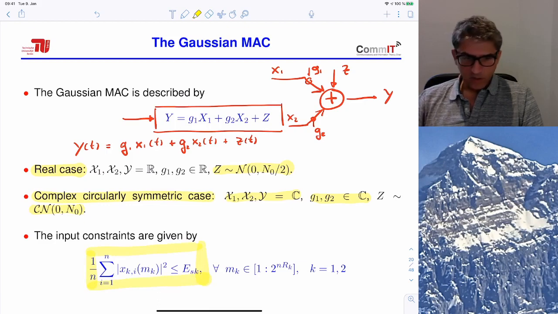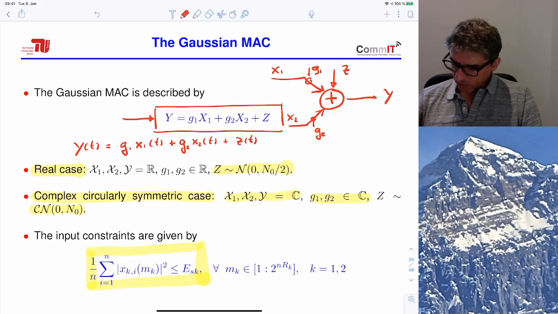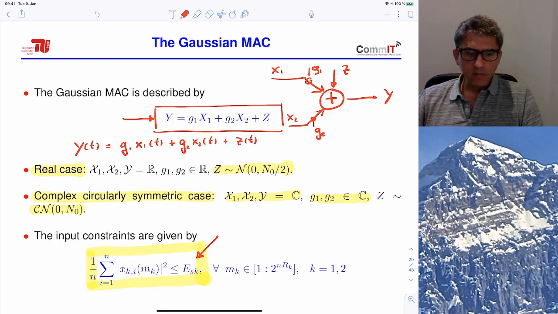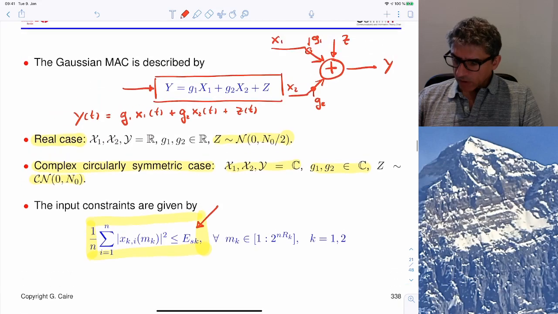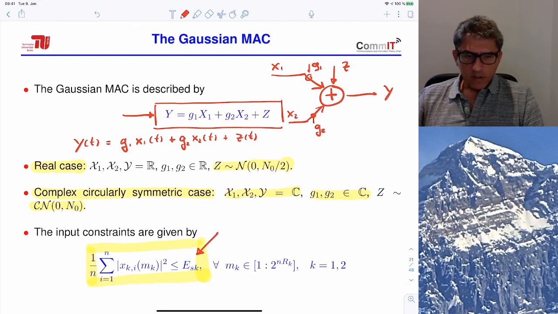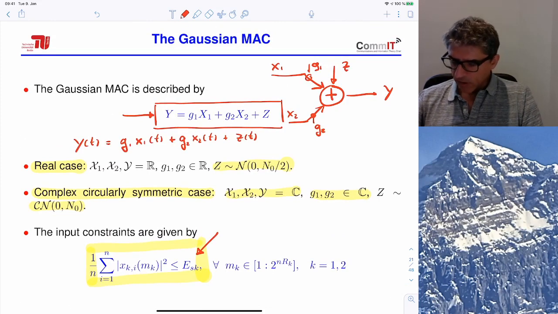In particular, we consider the classical quadratic constraint, for which we denote by E_S,K the average energy per symbol of user K. And of course, it makes sense to consider that energy per symbol is related to power because you transmit a certain number of symbols per second that depends on the bandwidth. So this is essentially what is called the input power constraint.